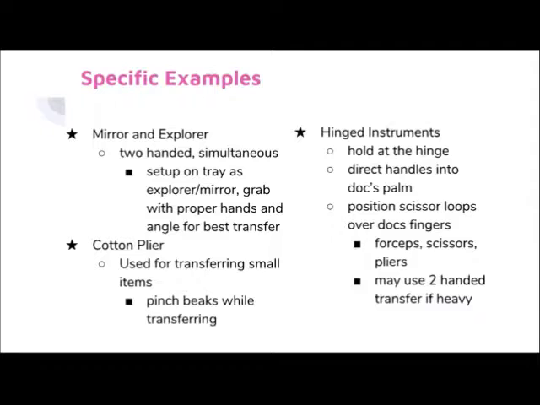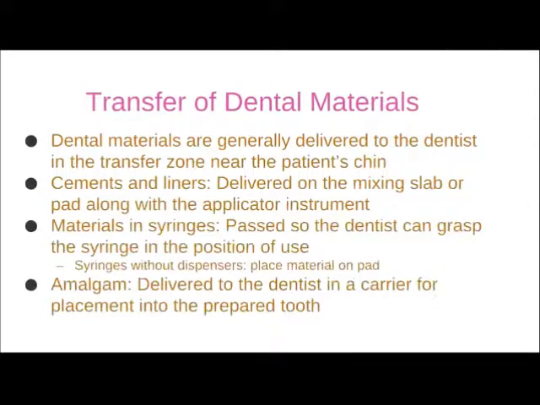Hinged instruments are transferred by being placed into the doctor's palm, and scissors or anything that has loops go right onto the doctor's fingers. Dental materials get transferred right near the patient's chin, and they usually are on a mixing pad or a slab.